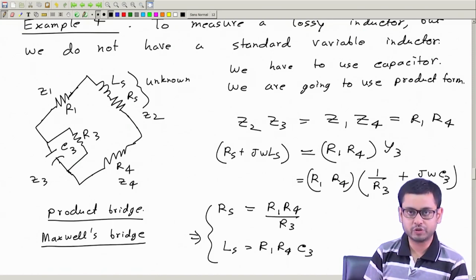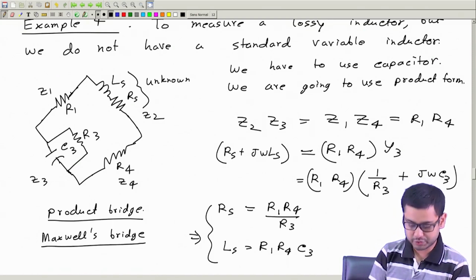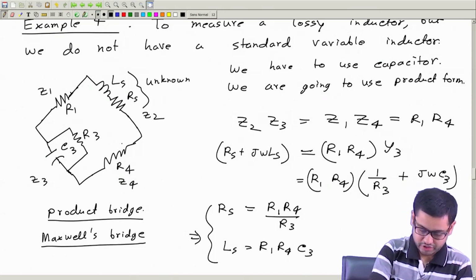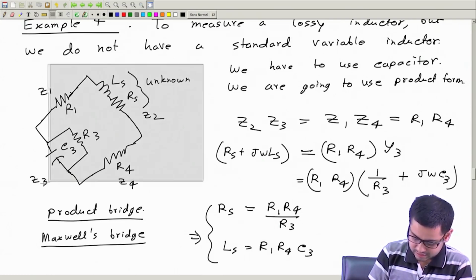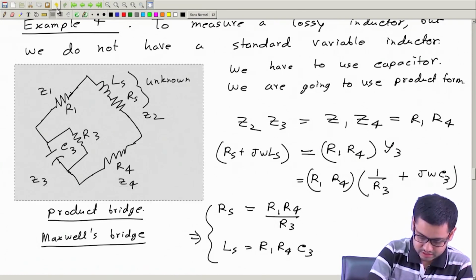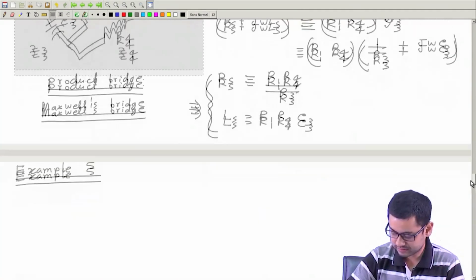You are not expected to remember or memorize these names and this particular structure, not at all. Okay. So, before we go to example 5, we will need to analyze this bridge a bit.